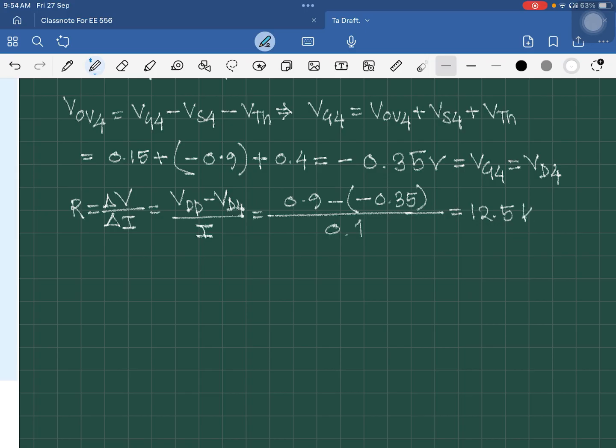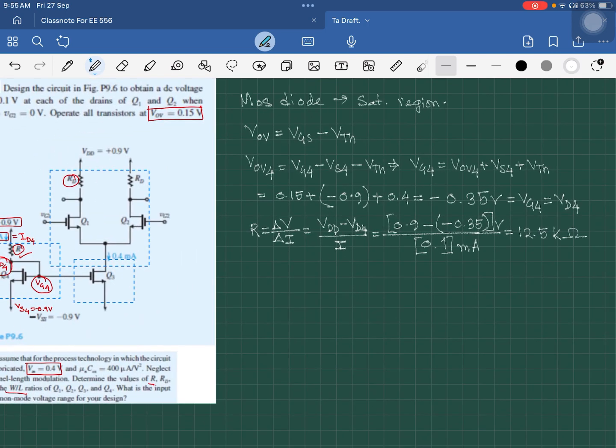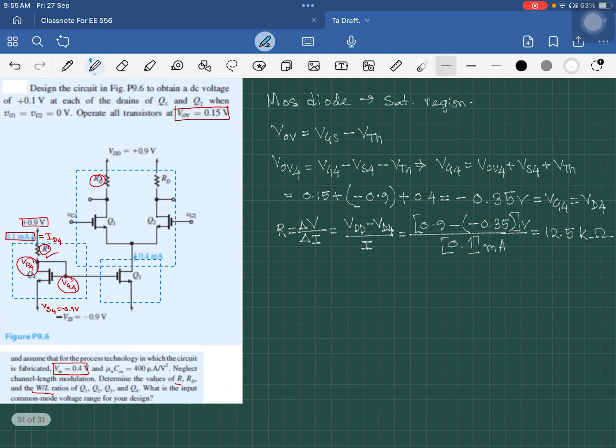It is not ohm, it is kilo ohm, because the whole thing is in volts and this is in milliamps. So this is kilo ohm. Now we have this R, so we have solved this.